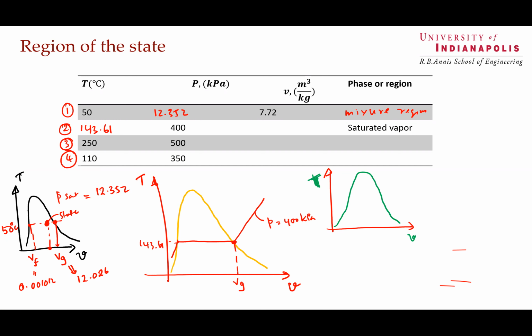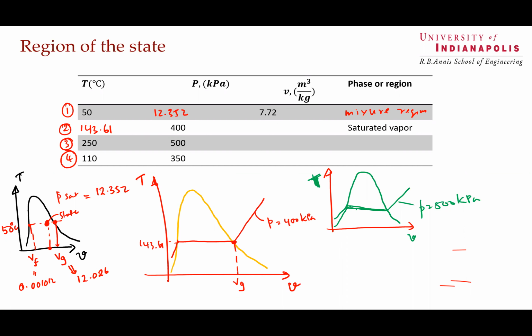I can draw the constant pressure line, P equals 500 kPa, and it says 250 degrees Celsius. Now this should be a straight line, okay?